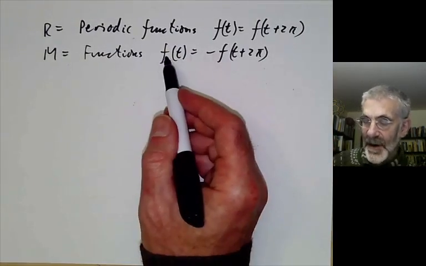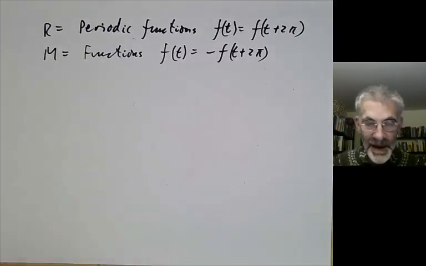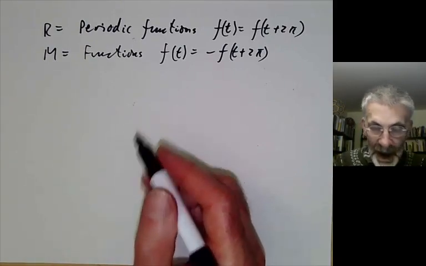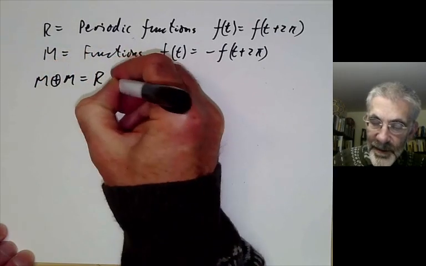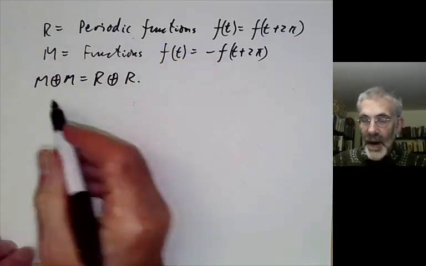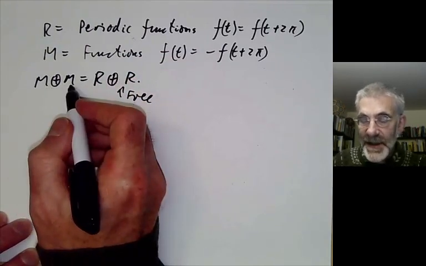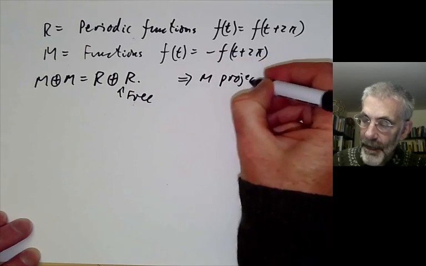If a function has this property here, it can't be non-zero everywhere. Easy exercise in calculus. However, M plus M is equal to R plus R. Now this is free, and M is now a direct summand of a free module, so this implies M is projective.